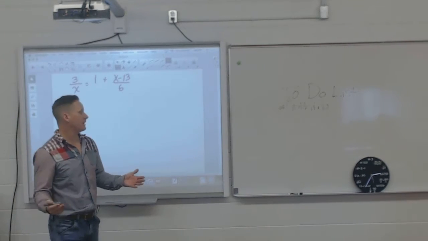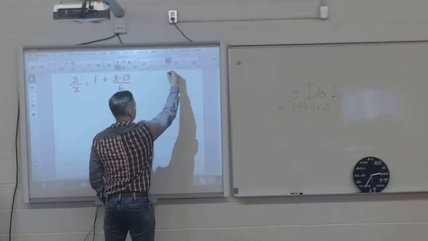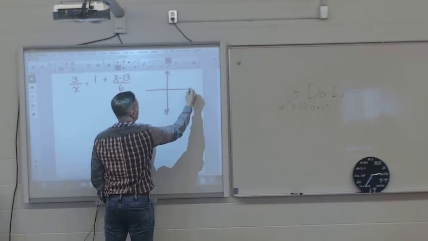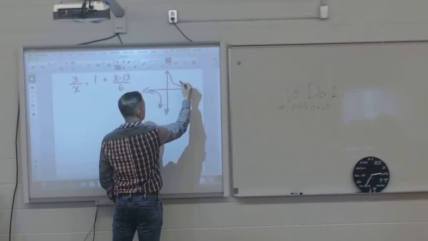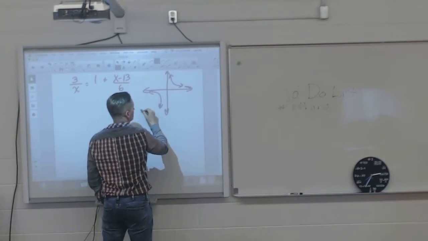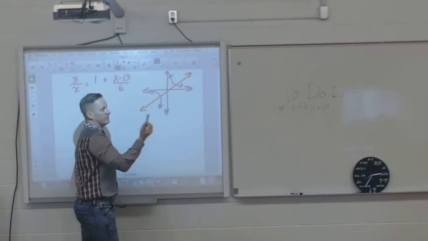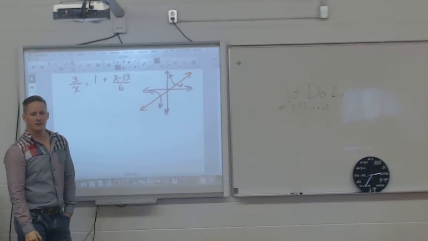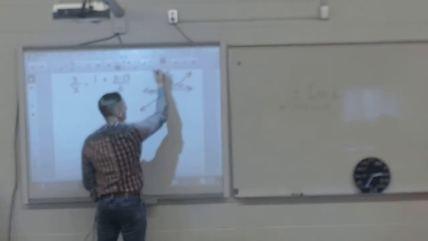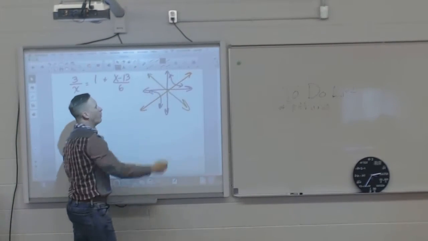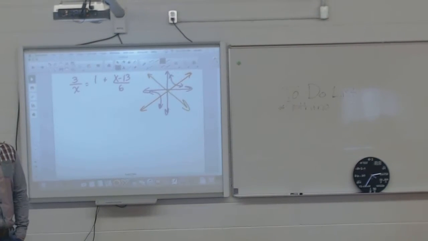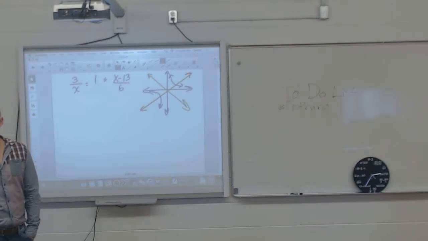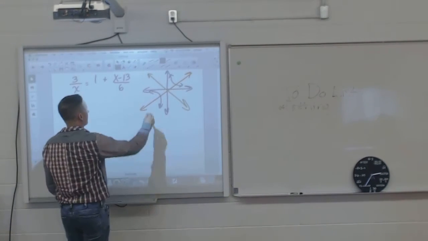So looking at the graphs we're doing right now, I could have 2 points, or I could have no points of intersection. It could go right between them. So there are those possibilities.